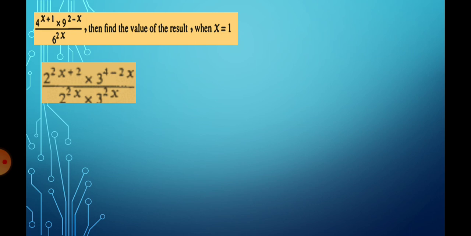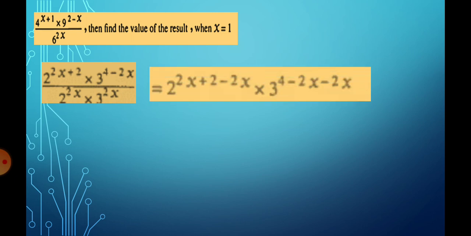It will be 2 to the power 2x plus 2. And 9 will be 3 to the power 4 minus 2x over 2 to the power 2x times 3 to the power 2x. Then we drop 2 to the power 2x plus 2 minus 2x and 3 to the power 4 minus 2x minus 4x. It will be 2 to the power 2 times 3 to the power 4 minus 4x.